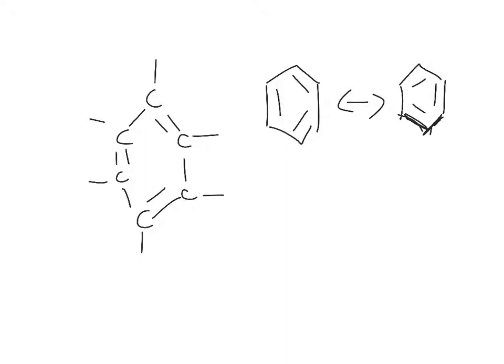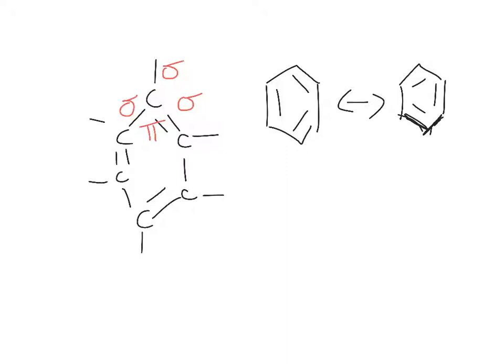So the hybridization on this carbon is identical to the hybridization on any of the other carbons, and you have technically 3 sigma bonds and a pi bond. And this is actually how benzene is.